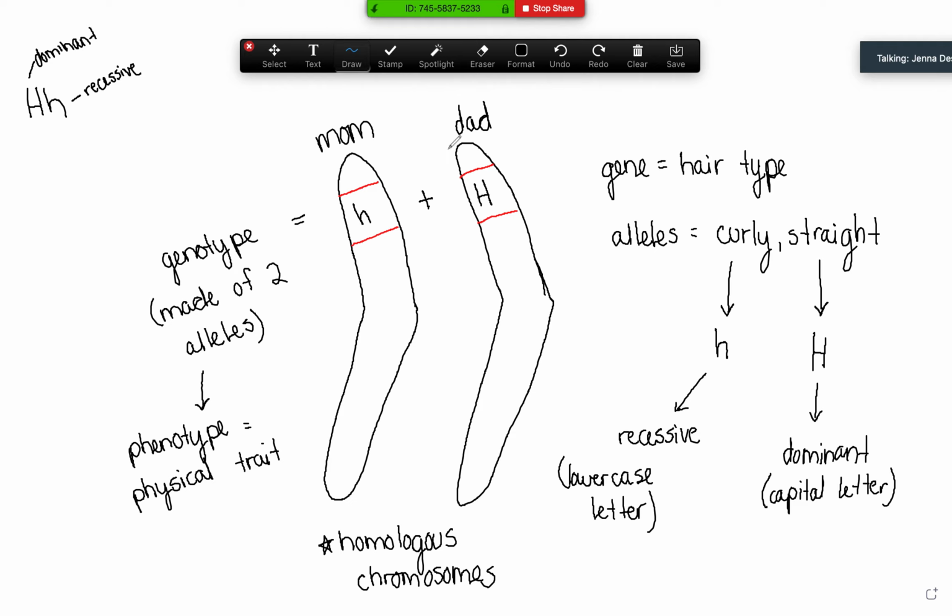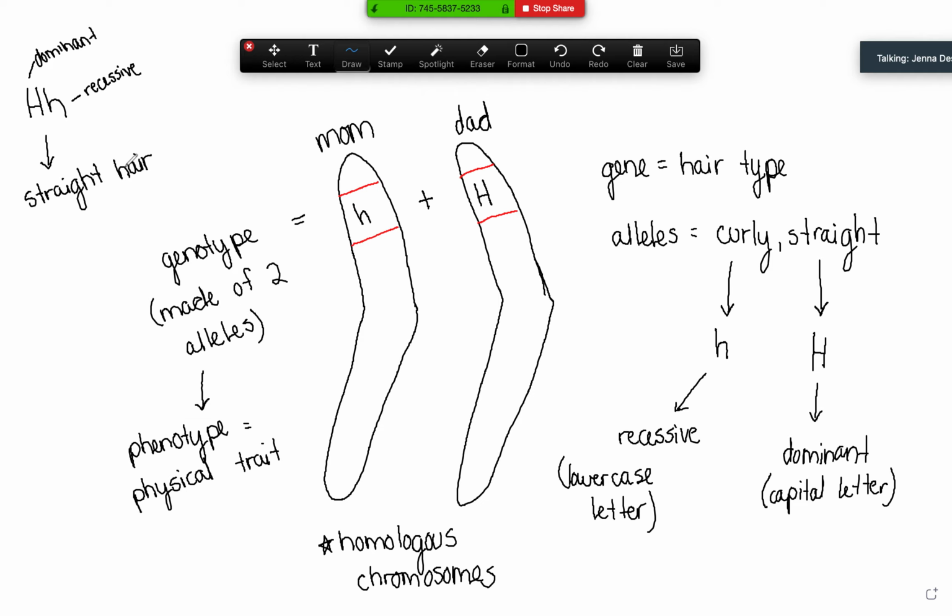So in this case, an individual that would have a capital H and a lowercase h together would have straight hair. Okay, because this dominant allele takes over the recessive allele, doesn't let it really do anything, and so eventually this individual is going to have straight hair instead of curly hair.